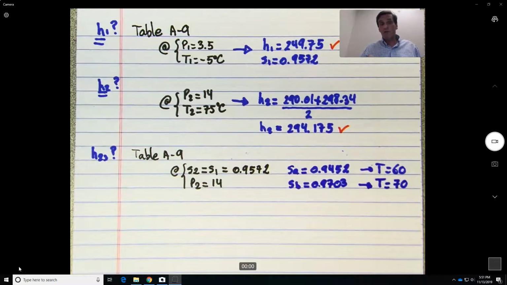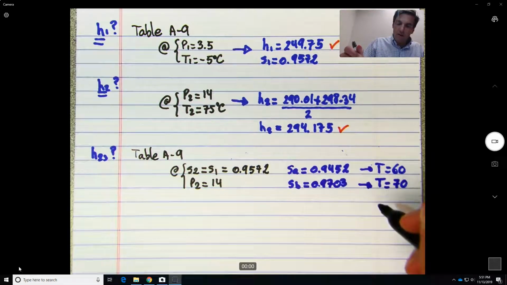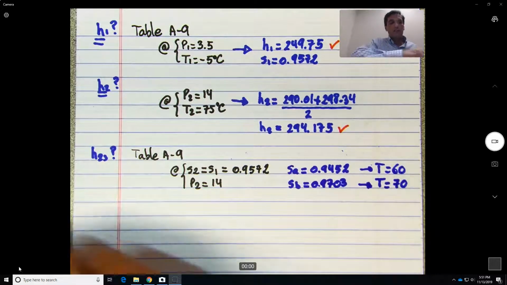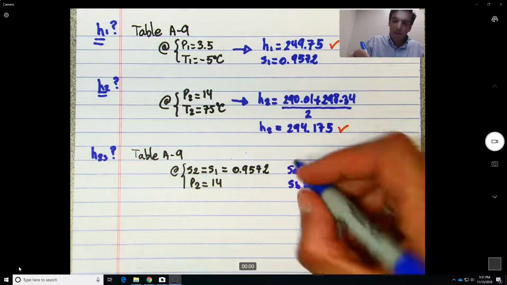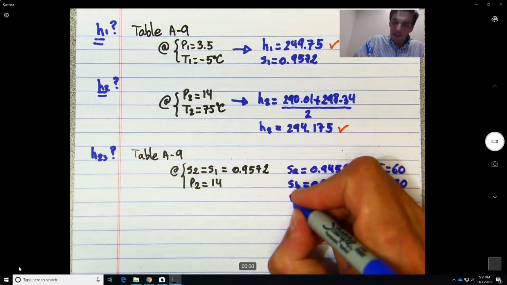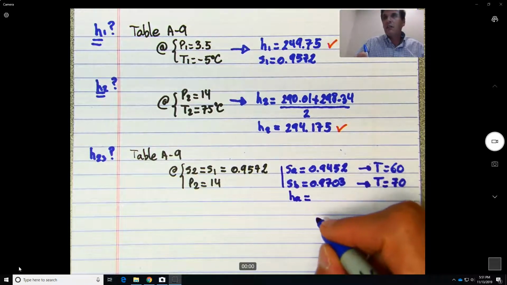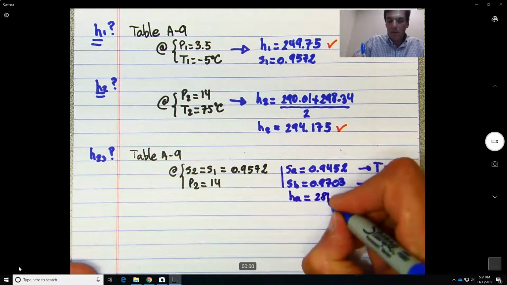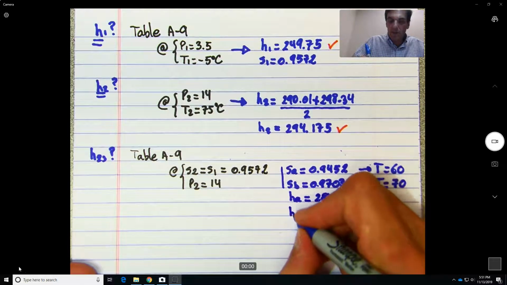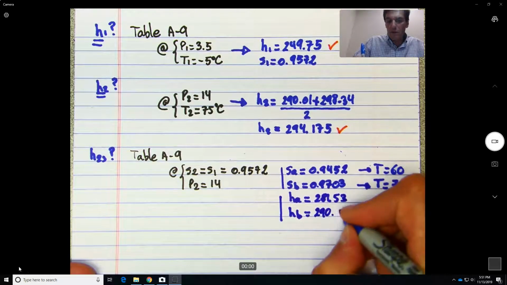Okay, so now we need to interpolate because we know the value of S. We're also going to need the H values, because that's what we are looking for. So H sub A is equal to 281.53, H sub B 290.01.